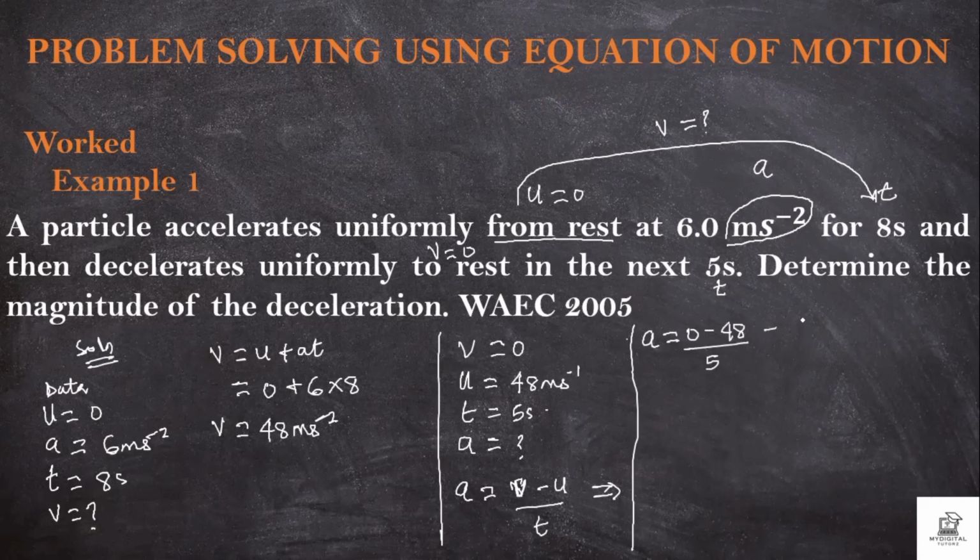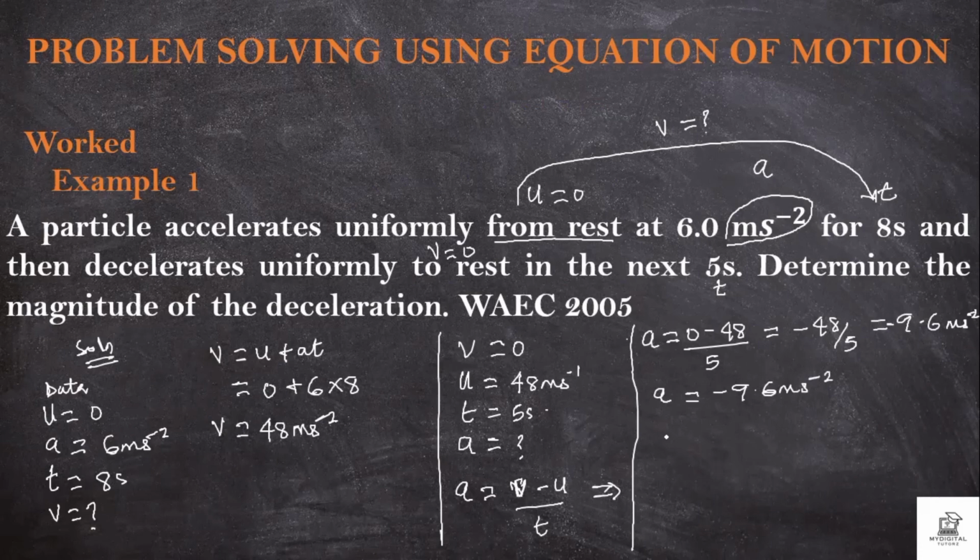So this will give us minus 48 all over 5, which is equal to 9.6 meters per second squared. Remember, it has a negative sign. This negative shows you that it is a deceleration. So deceleration a is equal to minus 9.6 meters per second squared.